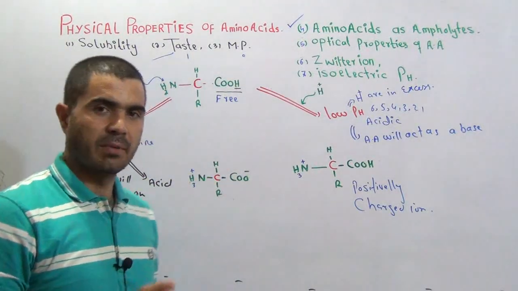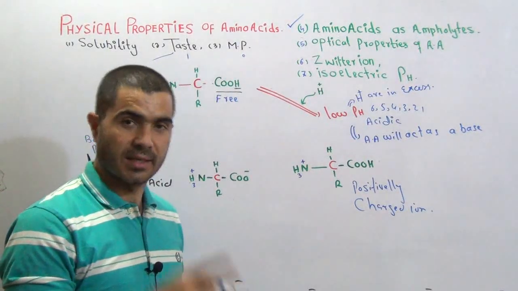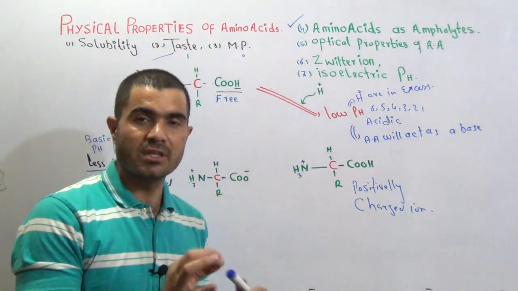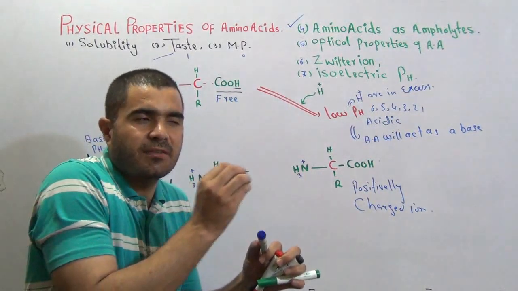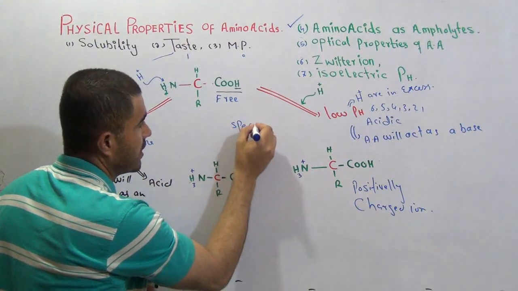Now a question arises in the mind of students: is it possible for an amino acid to acquire both charges? Yes. An amino acid can acquire both charges, but for this purpose you have to provide a specific pH.